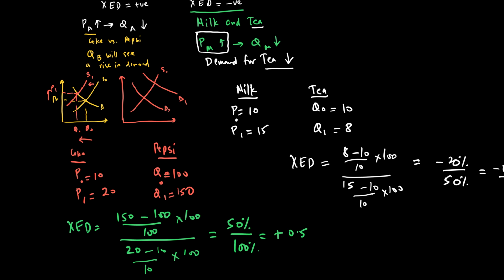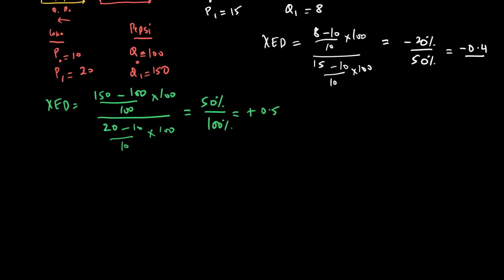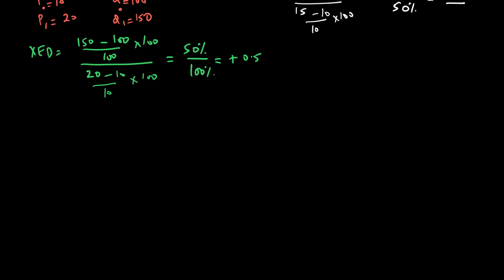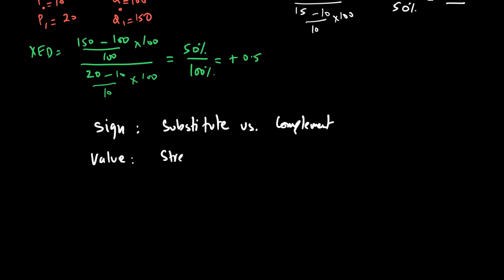The next discussion I want to quickly have is basically what does the value tell us. We know that the sign tells us whether it's a substitute versus complement. But what about the value? The value tells us what we call the strength of the relationship. What do we mean by this?